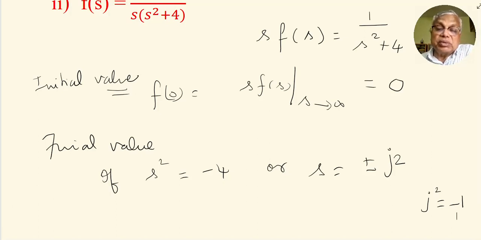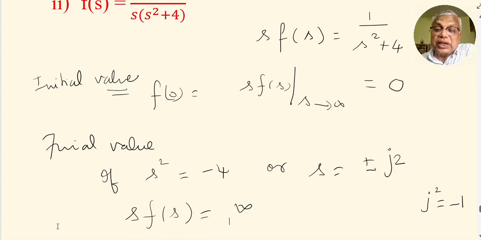So when s square equals minus 4, s into F(s) becomes infinity. We put s square equal to minus 4, 1 by 0 is infinity.